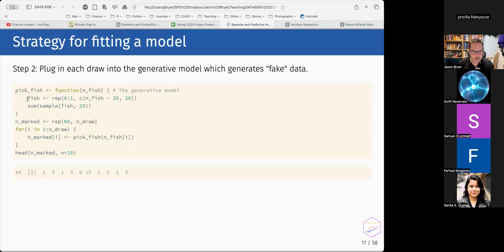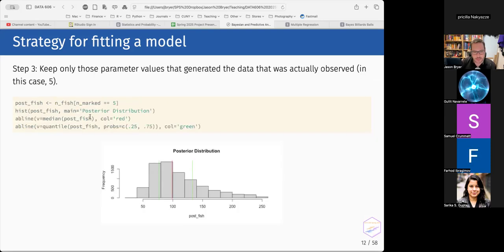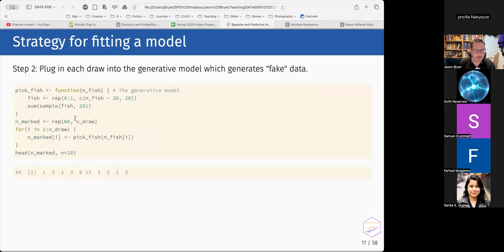I'm going to initialize a vector of zeros and ones: 213 zeros and 20 ones. So I'm going to repeat 0, 233 minus 20 times, and then 1, 20 times. Essentially, I created a vector to mimic the pond where I marked 20.